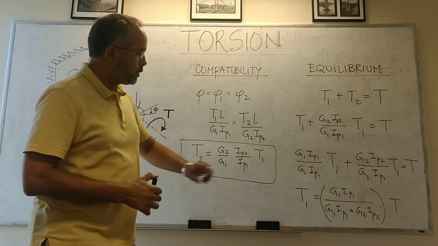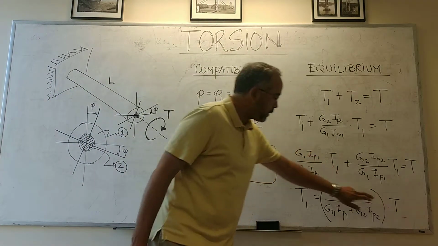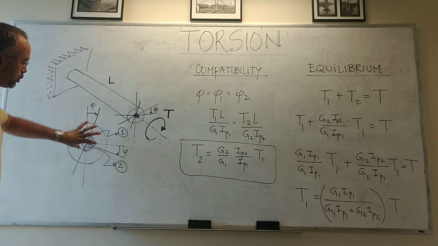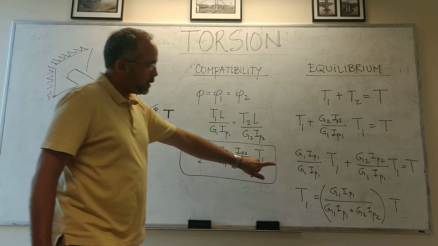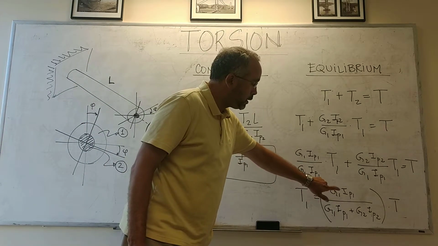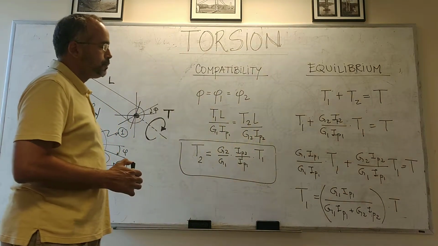So this tells you that the proportion of the total torque that is going to material 1 is the ratio of the torsional stiffness of material 1 divided by the sum of the stiffnesses.